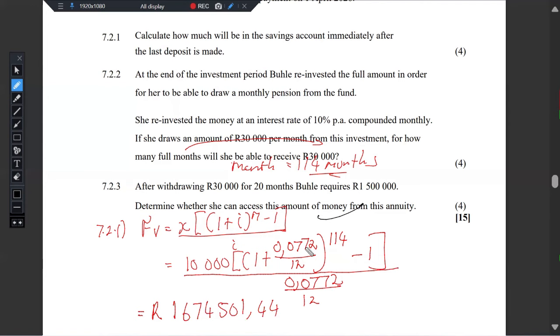So if you did this and said over 12, that's correct. And then also the value of n, finding the number of months, finding that it is actually 114 months. So make sure you go check that out. And then your answer, right? So 4 marks.